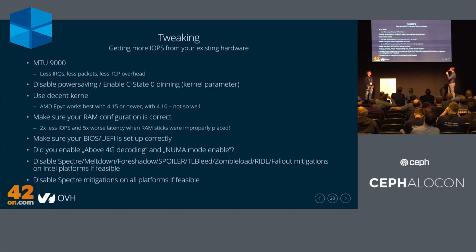And then C-state pinning, this is something which is very unknown to people. Make sure you disable all the power saving for the CPU. Have it running at the highest clock speed all the time, and pin it to C-state 1 or C-state 0. I'm not going to go into the C-states themselves, but you'll see a huge improvement. If you take a stock CPU configuration, as I was testing with Supermicro systems, I had a 2.5 to 3 millisecond write latency for a 4K write, single thread.